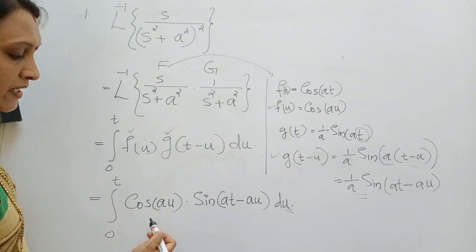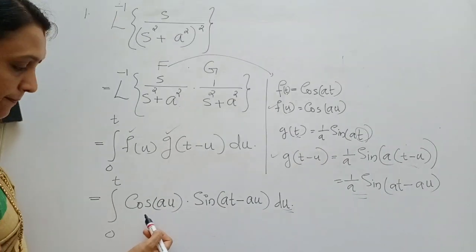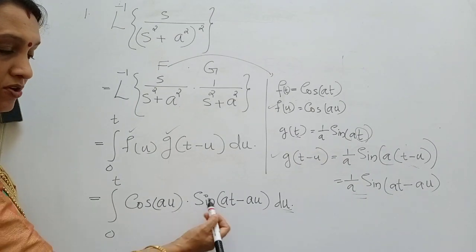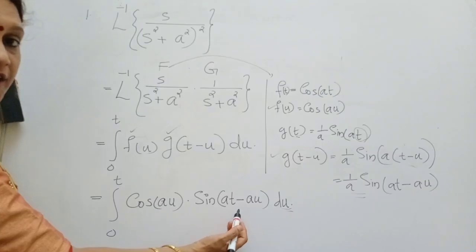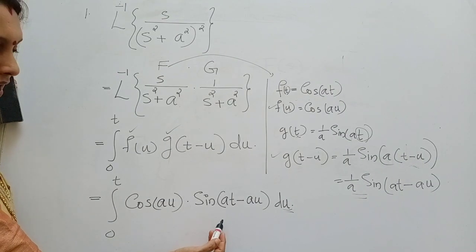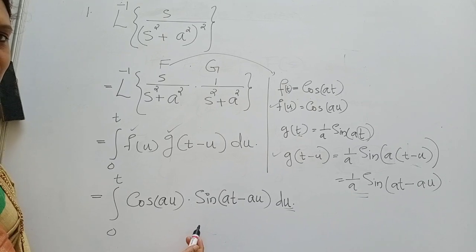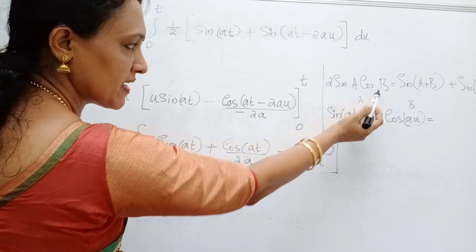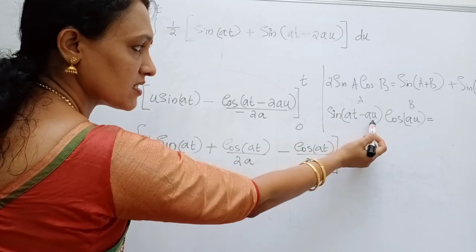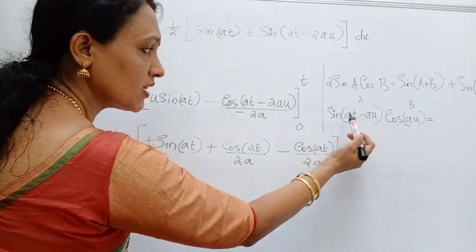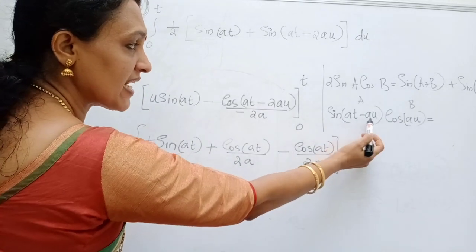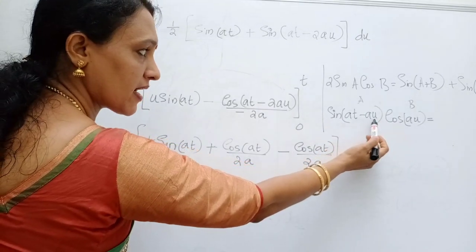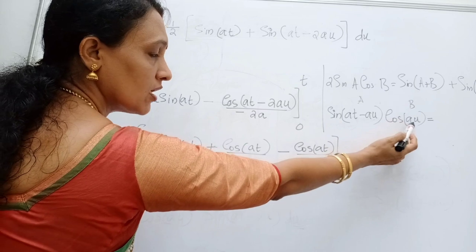You can apply the formula for the product cos A sin B or sin A cos B. You convert this product to a sum form and integrate. Treat it in the form 2 sin A cos B. We have sin of a t minus a u into cos a u. This is of the form sin A cos B, where A is a t minus a u and B is a u.